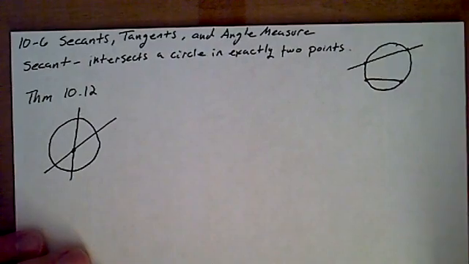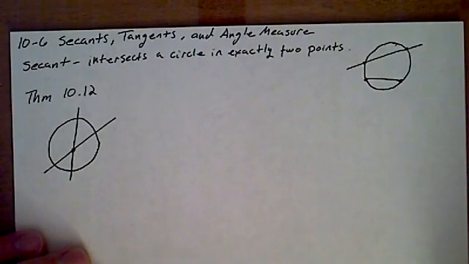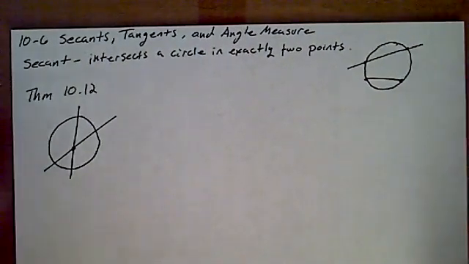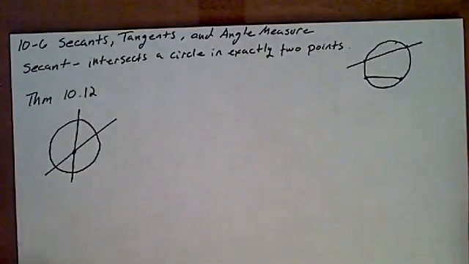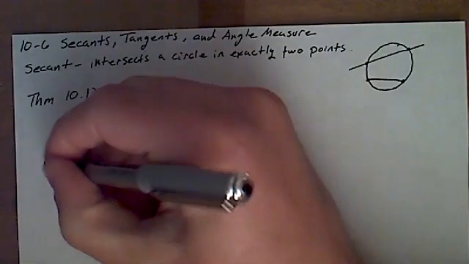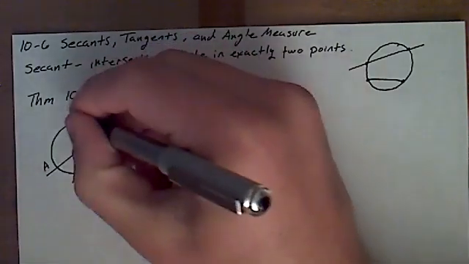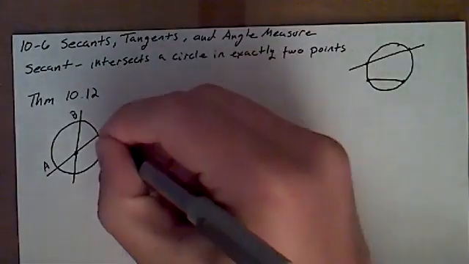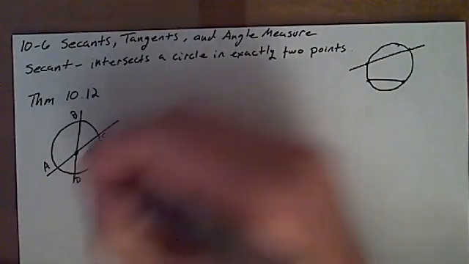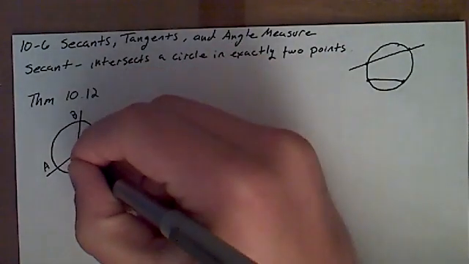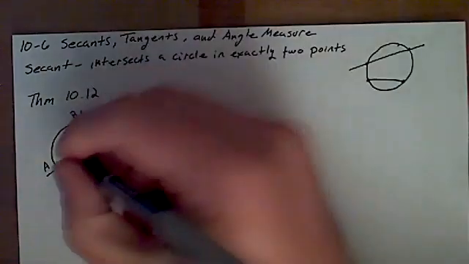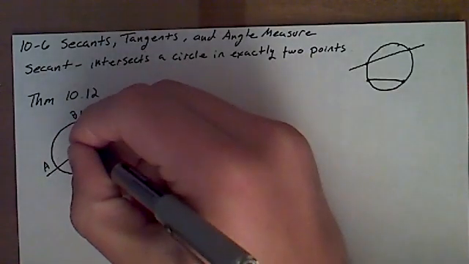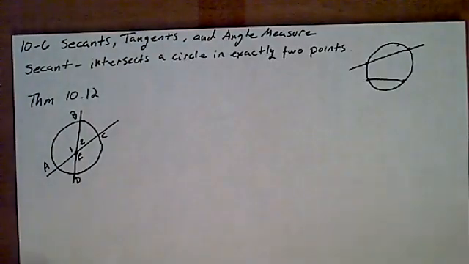It is not the center of the circle. So if it were, things might be different, but we're going to say that it's actually not the center of the circle. We'll name our points of intersection. We have A, B, C, and D. I'm going to call this point E again. E is not the center. And we're going to call this angle 1 and angle 2.